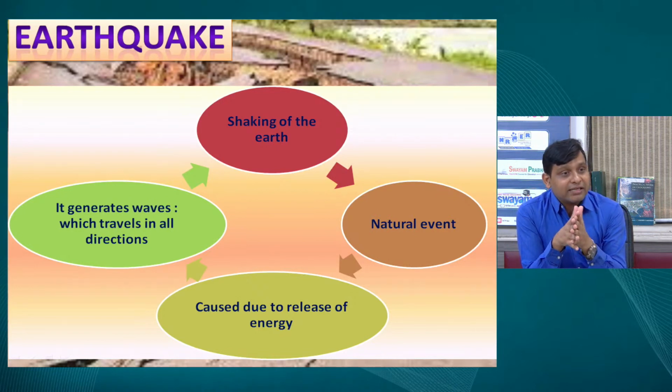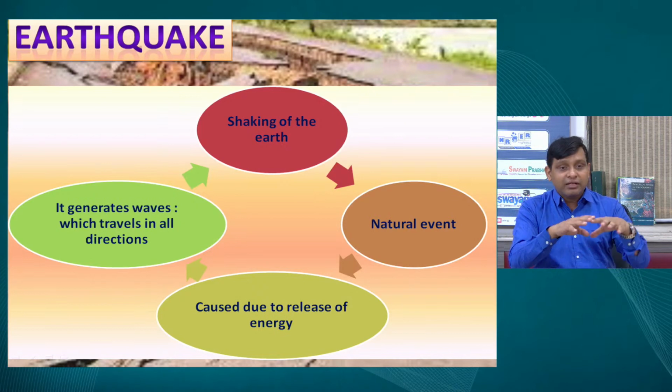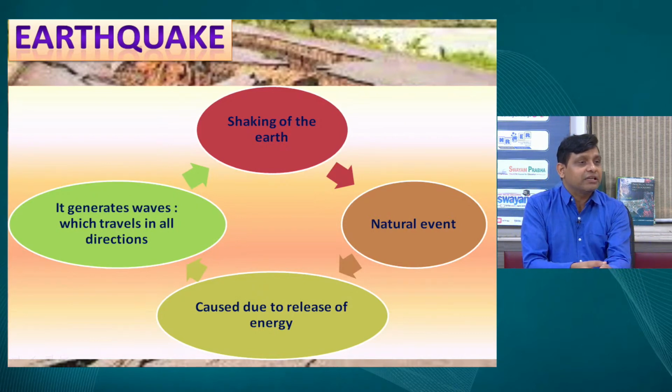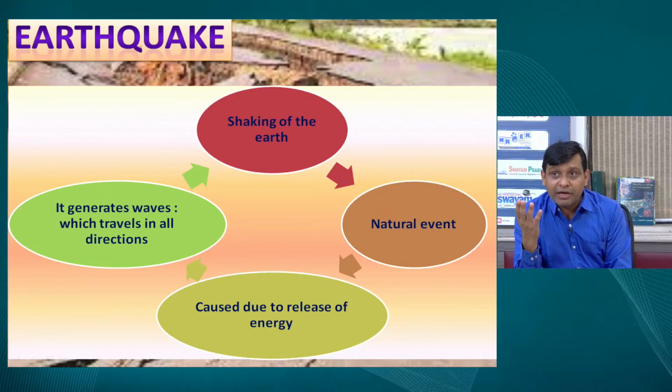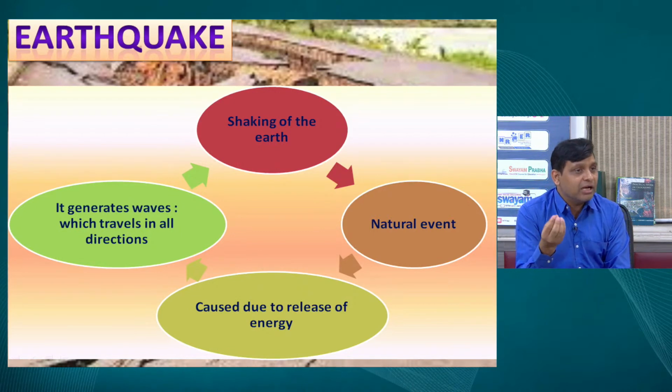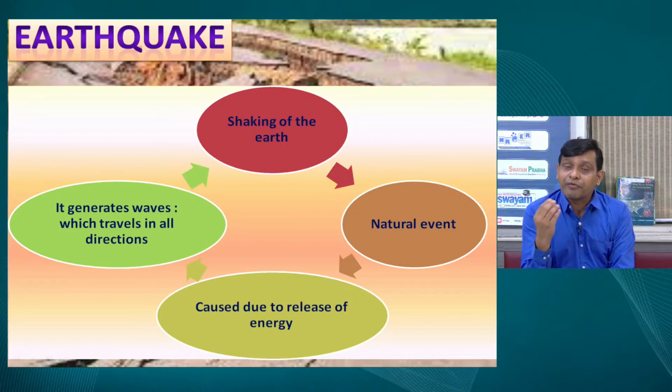Because we know that the earth is moving. This surface or the crust of the earth is moving on plates. It is like a tectonic plate which is moving. So what will happen if we continue the way we are damaging our environment and our nature? This might lead to catastrophic events.